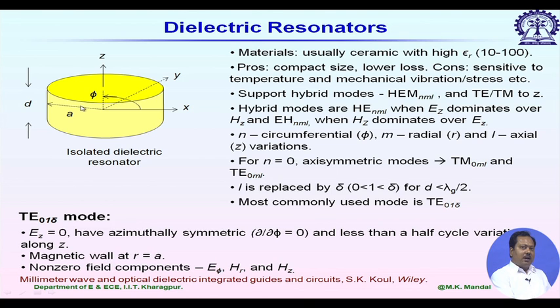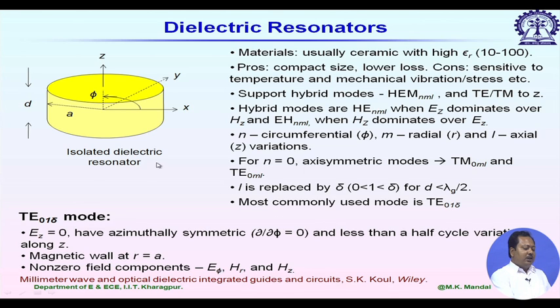These modes are axisymmetric modes, and in some cases along Z we will be facing less than half wavelength, but there would be one maxima or minima. So, that is why sometimes L is replaced by delta to represent that its length is less than lambda g by 2, and we then call it the TE 01 delta mode for the fundamental mode.